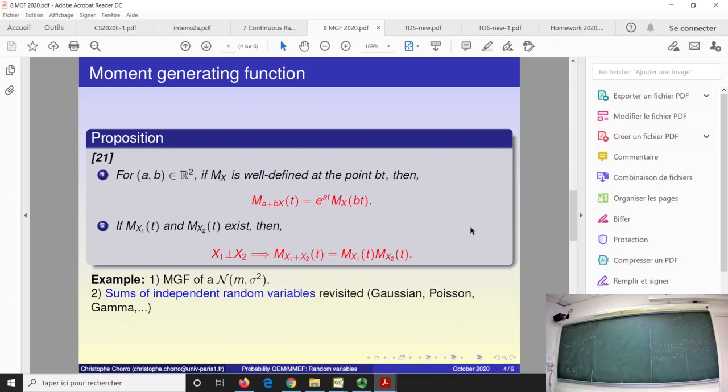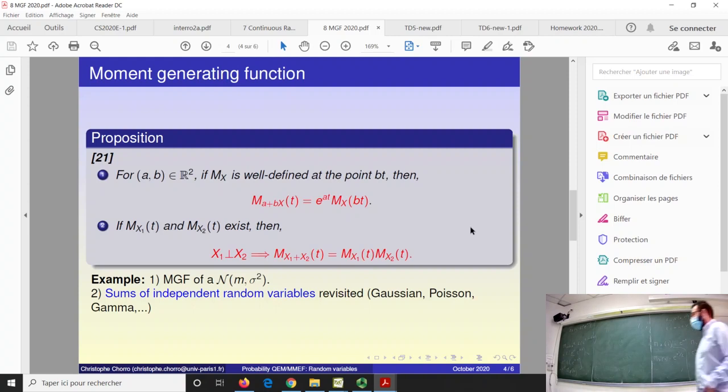And the last result in order to conclude today, once again, that will be very, very basic to prove, one line, but with great consequences: the fact that if I have two random variables that are independent, it's very easy for me to compute the moment generating function of the sum from the moment generating function of x1 and the moment generating function of x2.